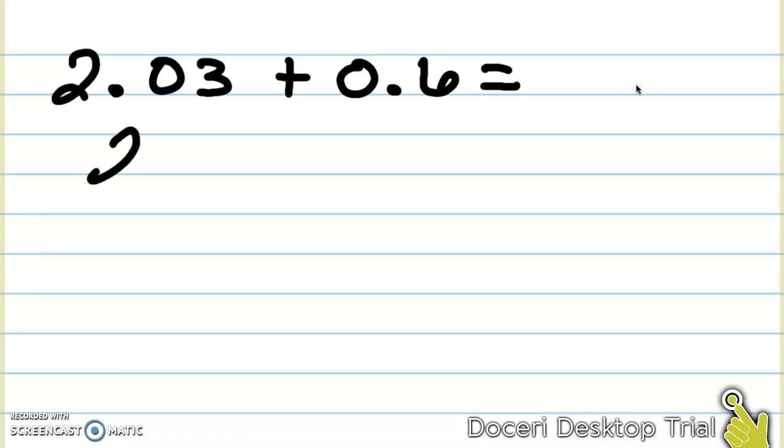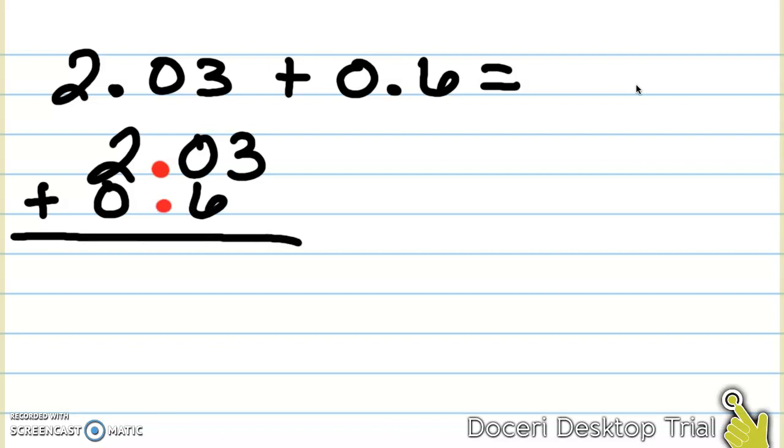So this time I'm going to write 2, and I'm going to write my decimals in red this time. 2 and 3/100 plus. Remember that my job is to line up the decimals. So that's going to be my decimal in red. And 6/10. And I'm going to add that.